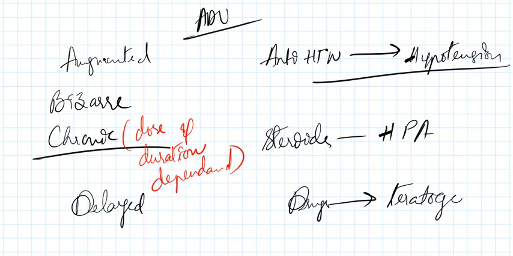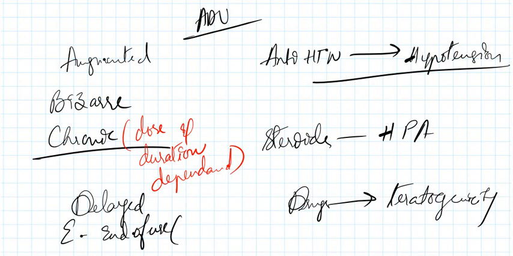Now one more type is end of use, also called withdrawal. An example is clonidine withdrawal hypertension. It is an example of an end of use or withdrawal adverse effect.